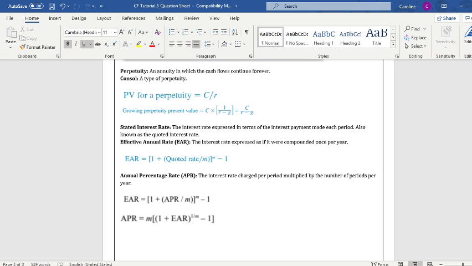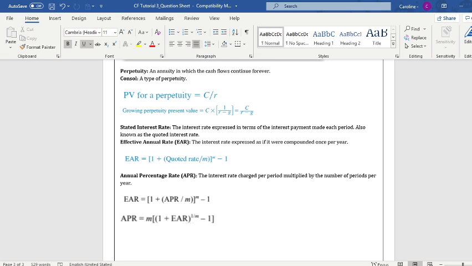For example, if you're going to receive an annuity from year 5 until year 10, the present value that you are going to find is the value of the annuity of year 5 to year 10 in the 4th year.